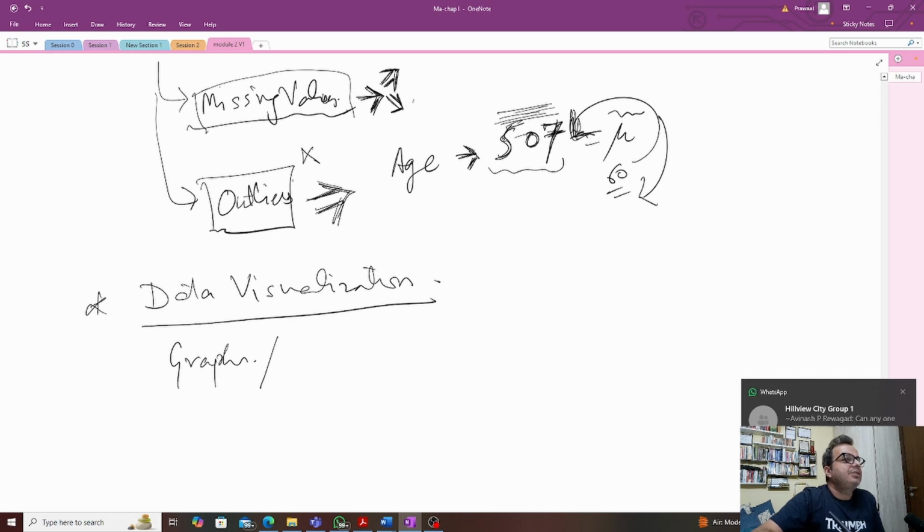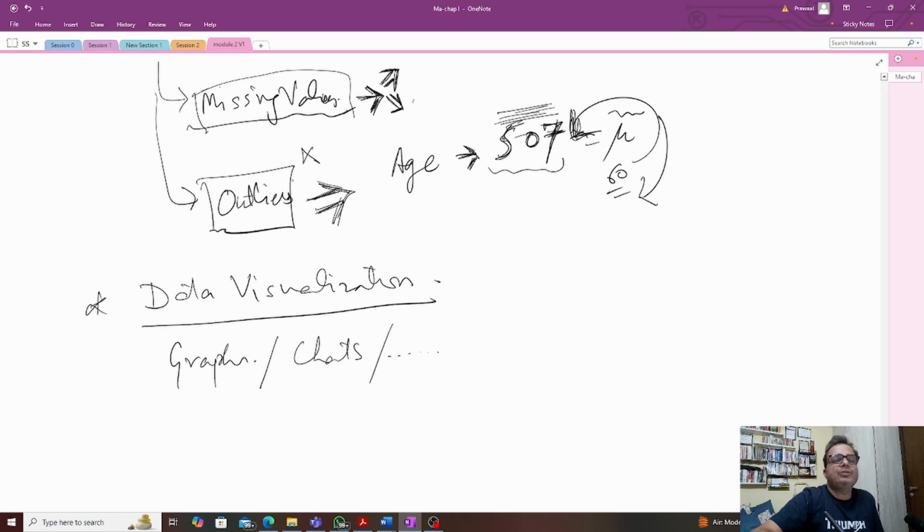So when you put data into graphs, charts, or any other visualization tool, and nowadays there are a lot of sophisticated visualization tools, you will be able to find out the real world interpretation of that data.